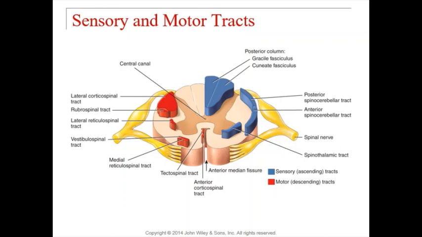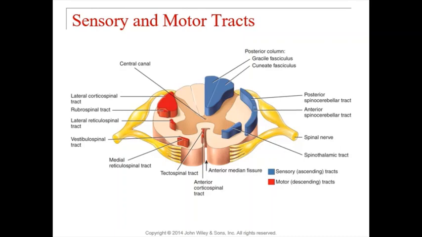One more time: posterior columns carry vibration and proprioception information. Spinal thalamic tract carries pain and temperature information. And your corticospinal tract carries motor information. There are other tracts. Trust your exam review. Remember, I'll only ask about this exam review.